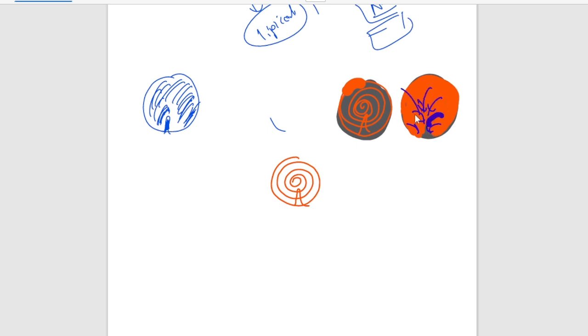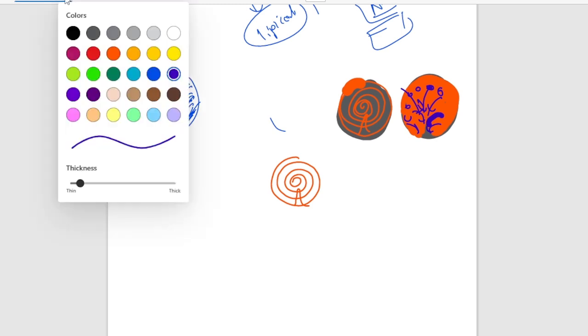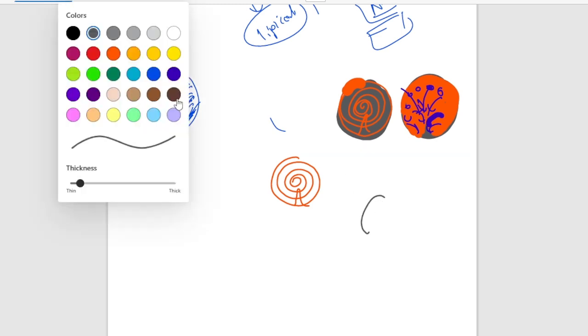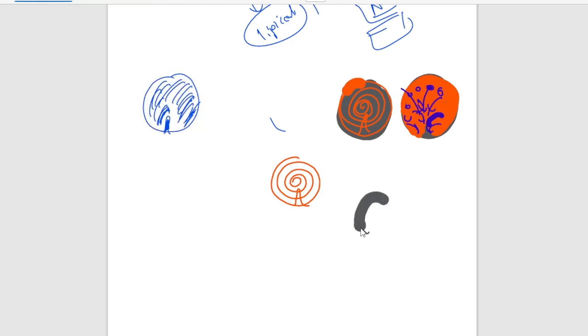The cells from the upper layer, the ectoderm, go inside. This is the innermost plate, and above this plate another is present.